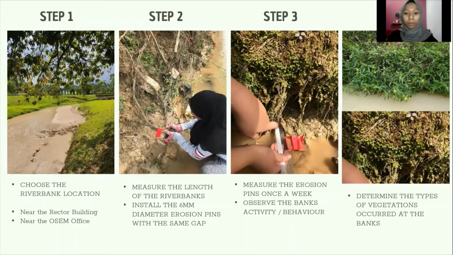When measuring the erosion pins, I also observe the bank activity or behavior, in order to see how the rate of erosion can be correlated with the activity of the bank itself. And then lastly, determine the types of vegetation that occur at the bank. Therefore, two natural vegetation types have been determined.